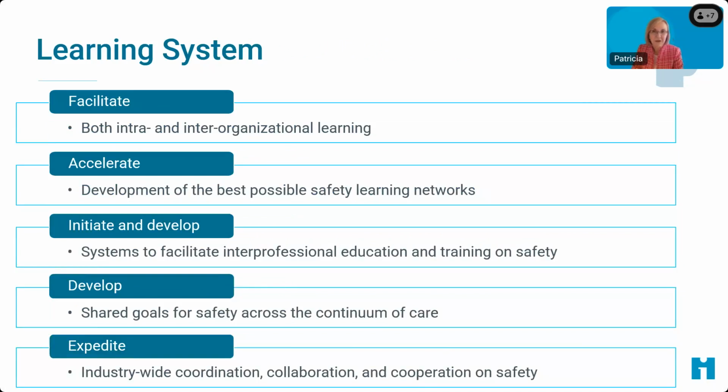And the recommendations for this area focus on learning within and across organizations, accelerating the development of safety learning networks, initiating and developing systems to facilitate interprofessional education and training on safety, developing shared goals for safety across the continuum of care, and expediting industry-wide coordination and collaboration.